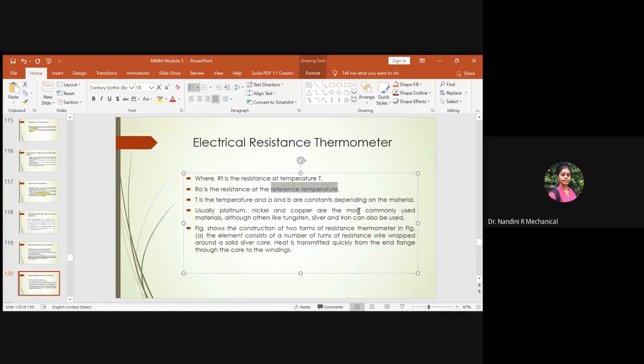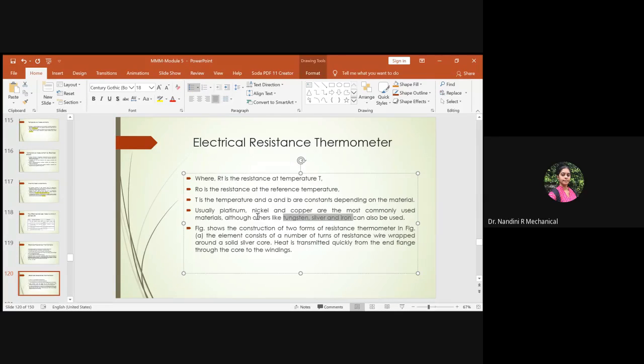Usually, the selected materials are platinum first. It is costlier, but it is a very good conducting material. So the first preference is given to platinum, and then to nickel and copper. There are many more, but these three are the most commonly used materials. The competitive materials for these are tungsten, silver, and iron.